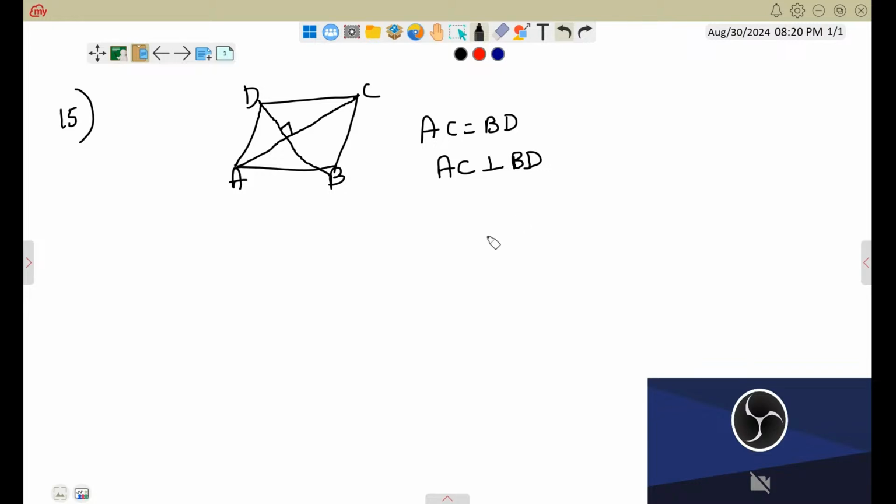That means opposite sides are parallel and equal. And they given the diagonals AC and BD both are equal, right? And what is the angle between the two lines? That is a perpendicular. That means 90 degrees.